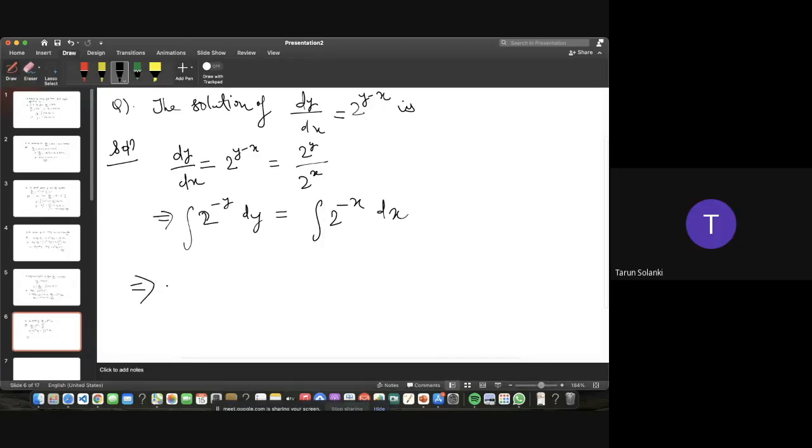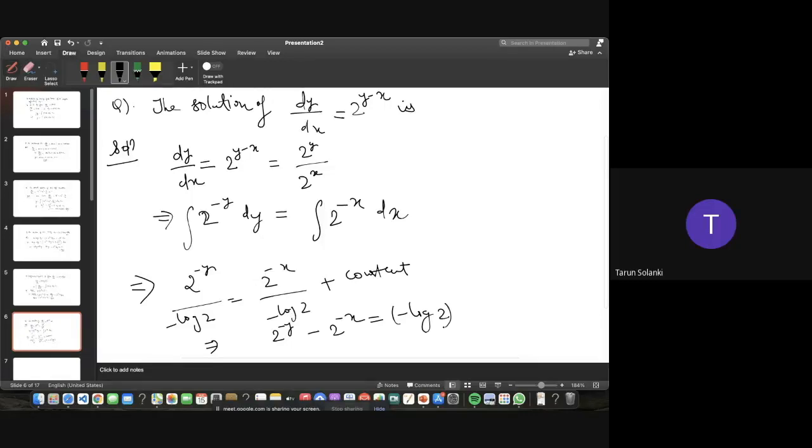Finally it becomes 2 to the power minus y divided by minus log 2 is equal to 2 to the power minus x divided by minus log 2, plus a constant. So 2 to the power minus y minus 2 to the power minus x is equal to a constant, and we can say 1 upon 2 to the power y minus 1 upon 2 to the power x is equal to constant k. So this is the required answer.